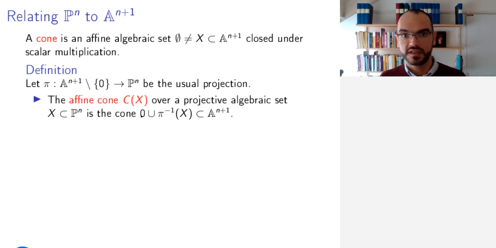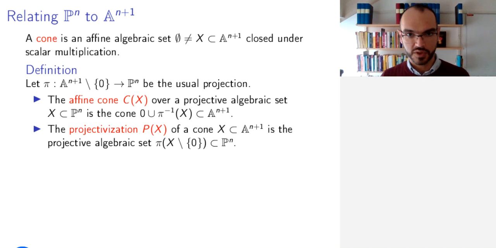So this indeed forms a cone. And what this does is simply, for any point in projective space, namely for any line in affine space through the origin, you include the whole line in this affine cone. So this is a cone.